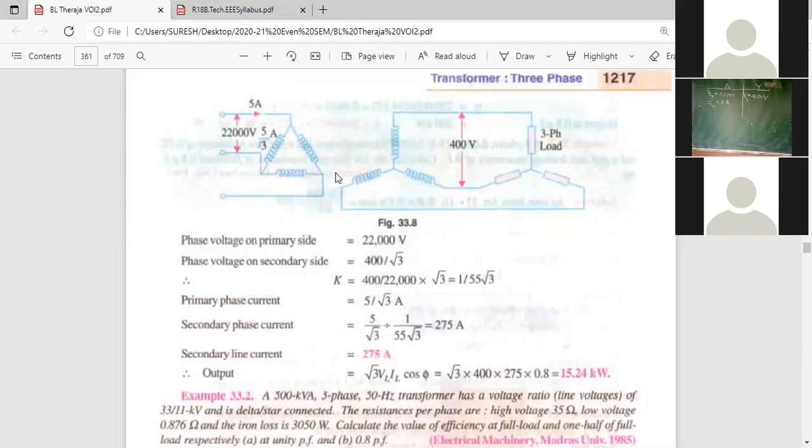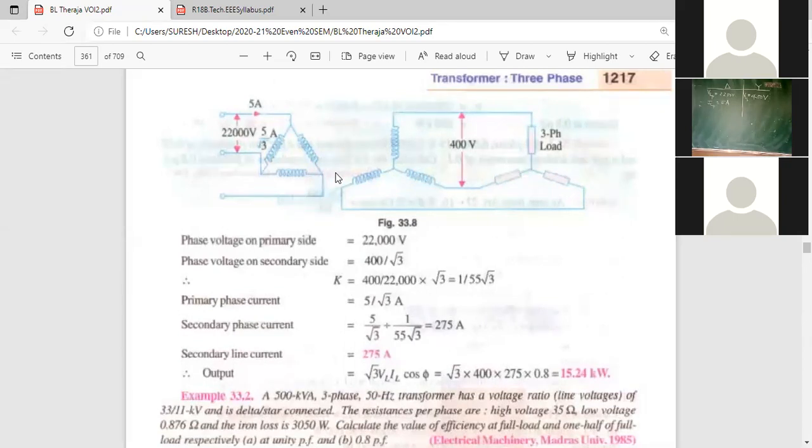Read the problem. It is star connection, and the load is connected in the secondary winding. You see a three-phase load is there, and that is star connected. The primary winding is delta connected, the secondary winding is star connected, and your load is star connected.